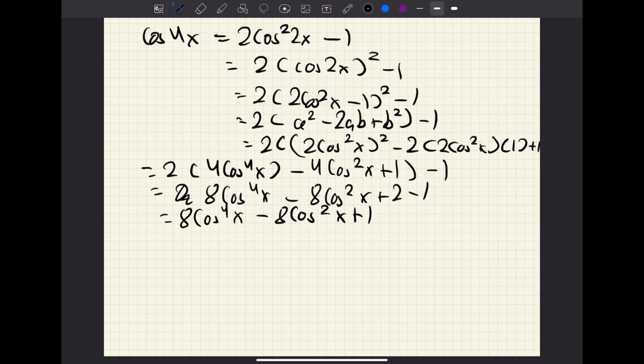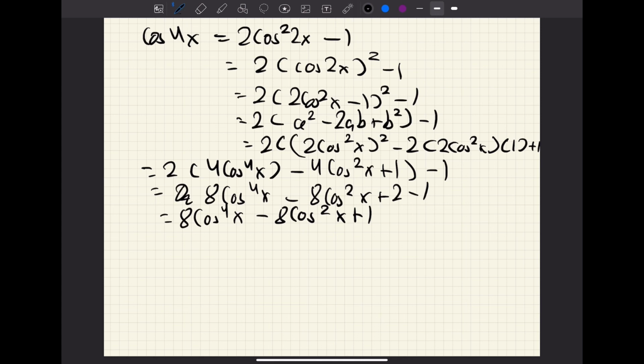We can compare, say x is equal to, let's take a value, say 30. So go to your calculator. First of all, I have to check if I did my working correctly. So cos 30 to the power 4 minus 8 cos 30 squared plus 1.